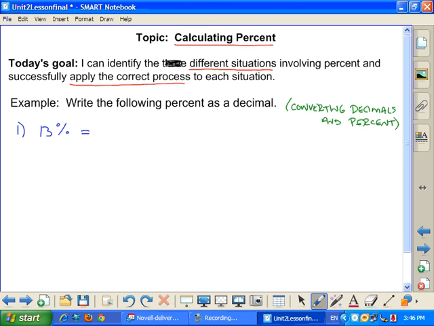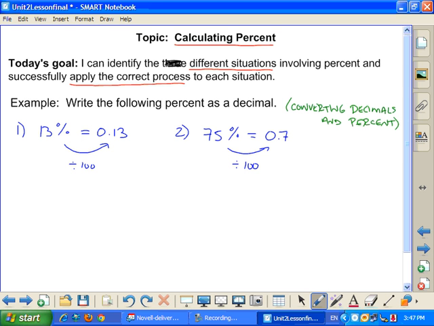If you remember, the anchor chart's still up, and you'll probably need to have this written down somewhere for yourselves. To move from percent to decimal, we are dividing by 100, which would mean this would be 0.13. All right. If we have 75%, we need to divide by 100.